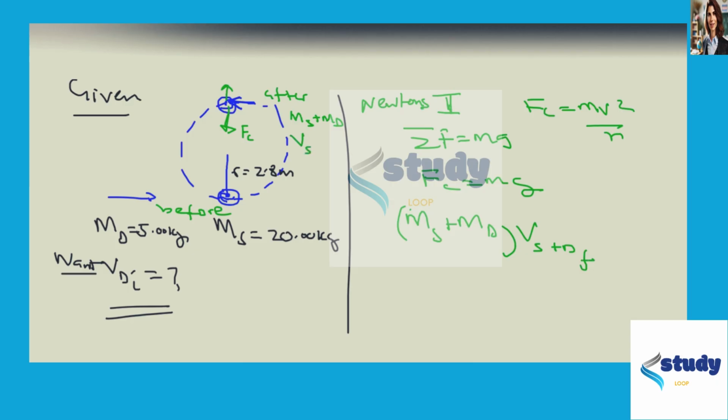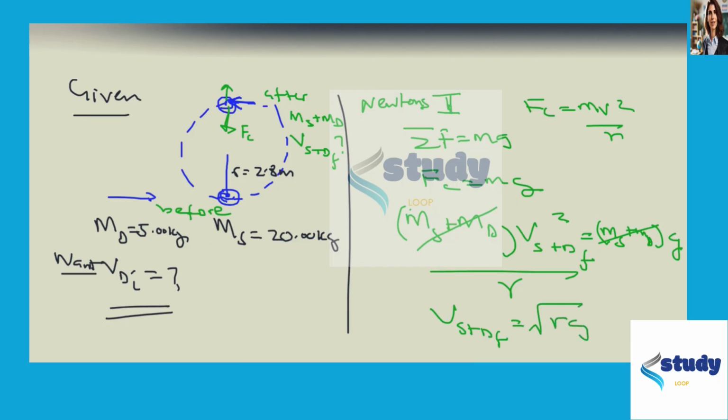We don't know what that final velocity is, but it's responsible for the centripetal force at that point, squared over the radius, and that's equivalent to the combined masses times acceleration due to gravity. These two are going to cancel out. So the combined sphere and dart final velocity is the square root of rg. Okay, so that's one part of the problem.